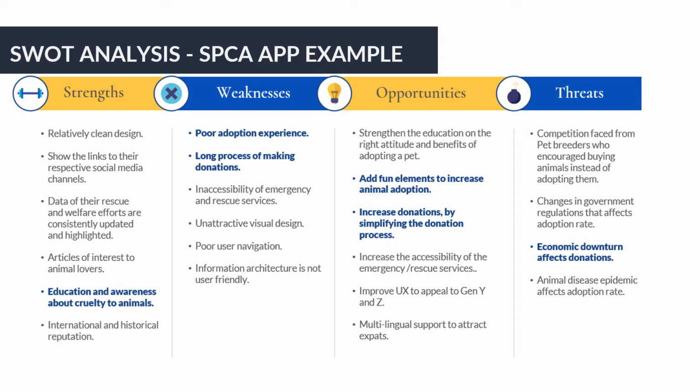And then the other one being increased donations by simplifying the donation process. All this has to do with how they can restructure the layout of the app so that it is simple. Maybe sliding to the left, sliding to the right, or sliding up and down. Simple tasks which are user friendly.